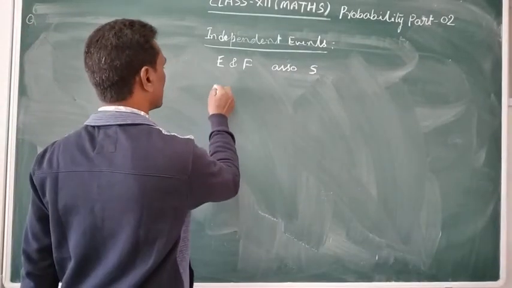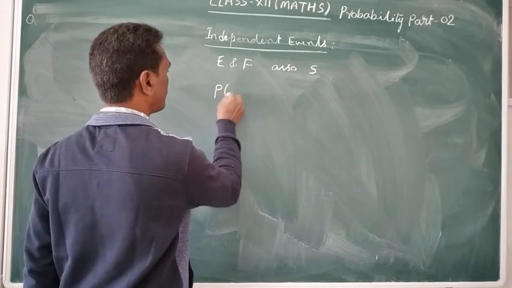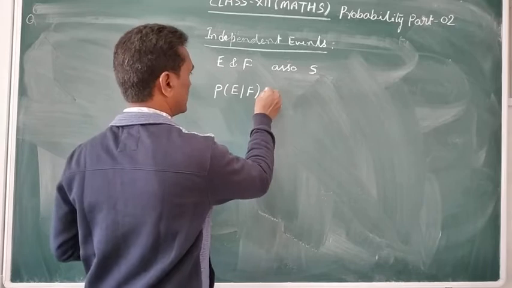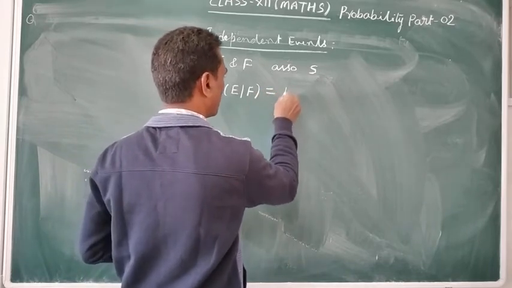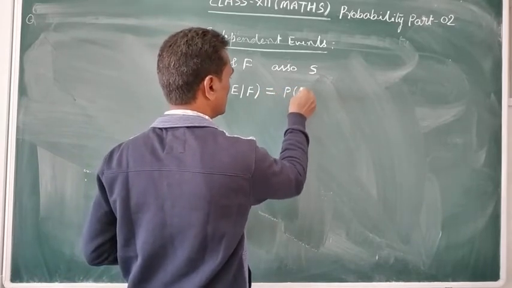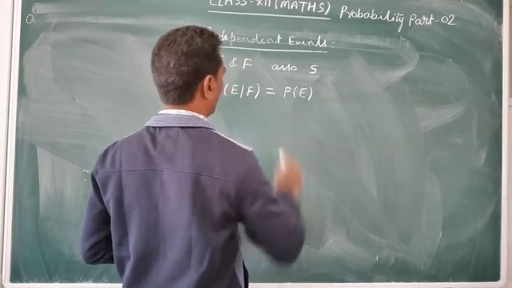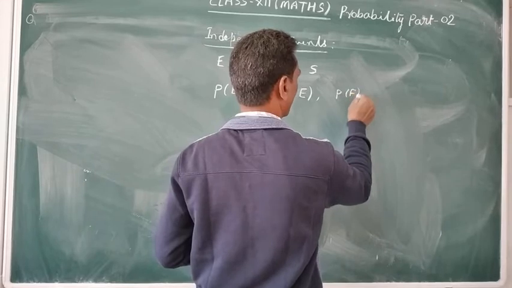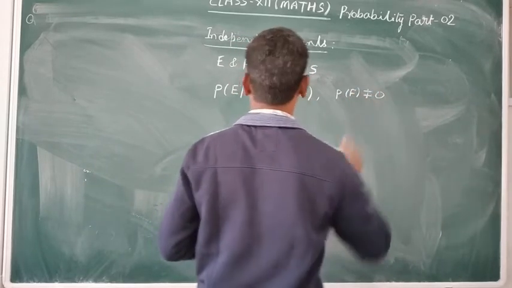That means probability of E given F is equal to probability of E, provided probability of F should not be equal to 0.